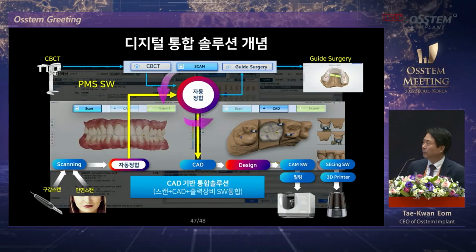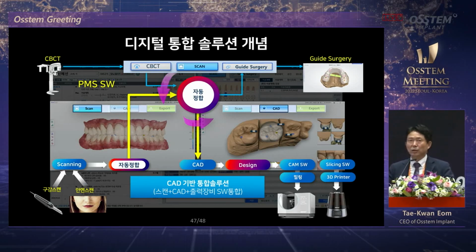It looks complicated. The yellow one is PMS software, and above that, in one click, the CBCT button is there, and if you push it, CT is taken, and if you push scan, the CAD scanning is done, and merging is done automatically. Dentists do not need to be involved.